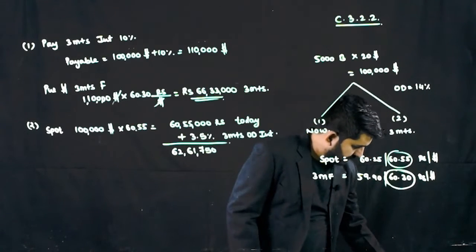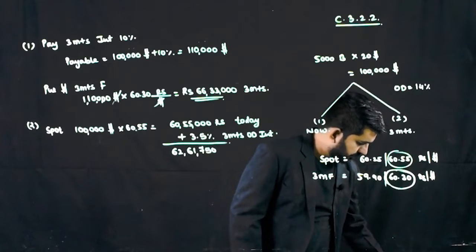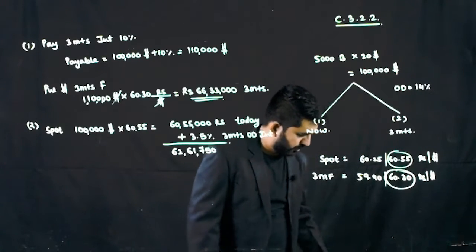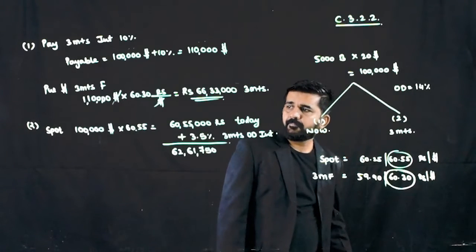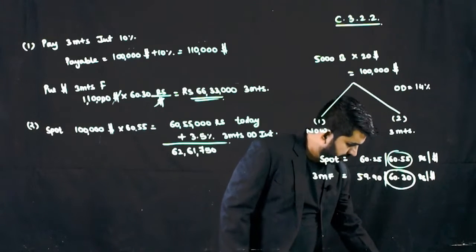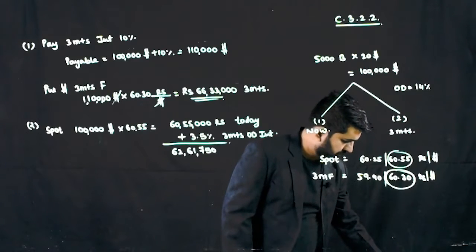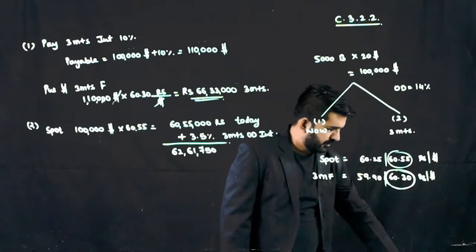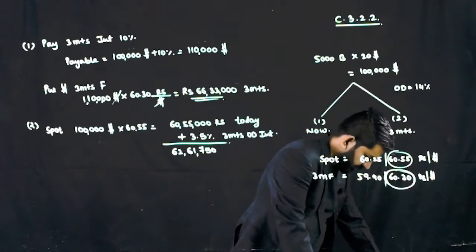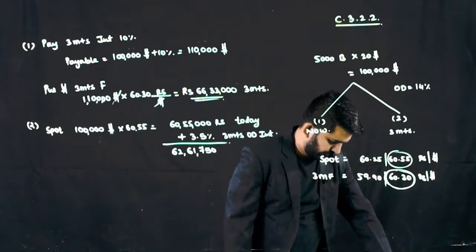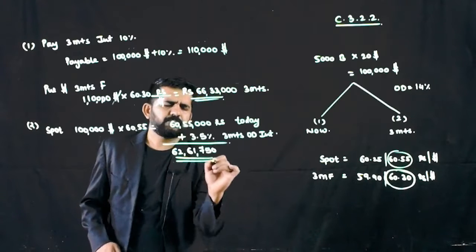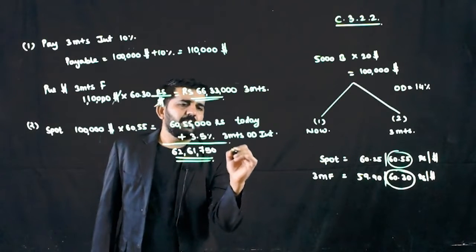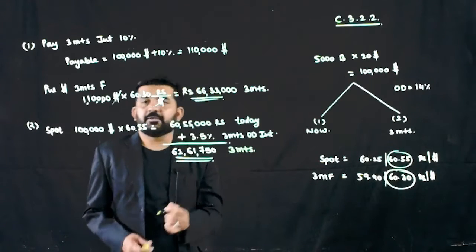Yes. 60 lakh 55,000 plus 3.5% gives me 62 lakh 66,925 will be amount after 3 months.